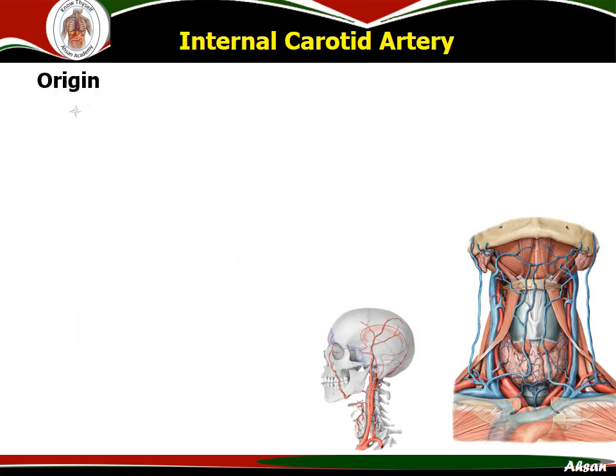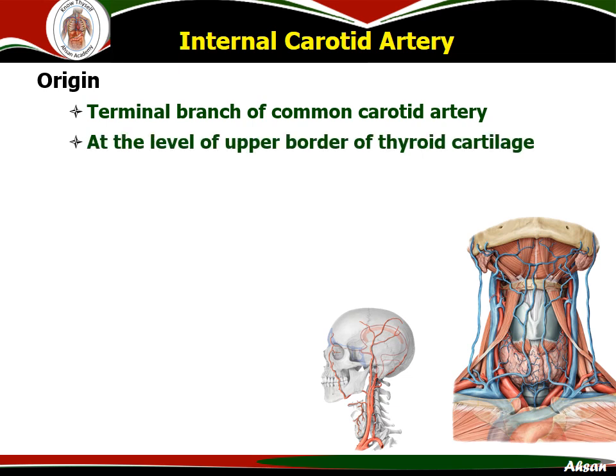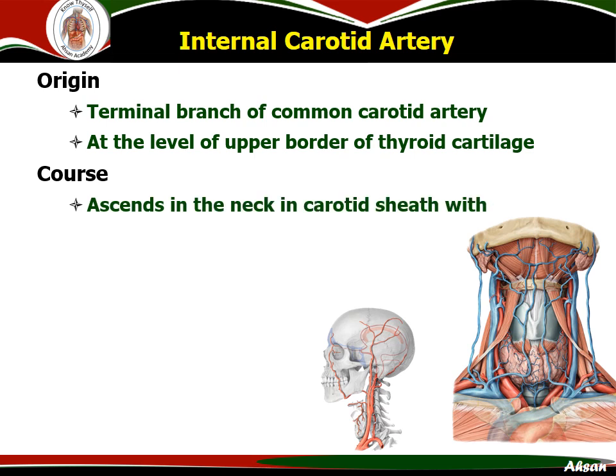So internal carotid artery, we already understand the place of origin. This is arising at the level of the upper border of the thyroid cartilage, and this is the termination point of the common carotid artery, and it ascends in the neck within the carotid sheath.